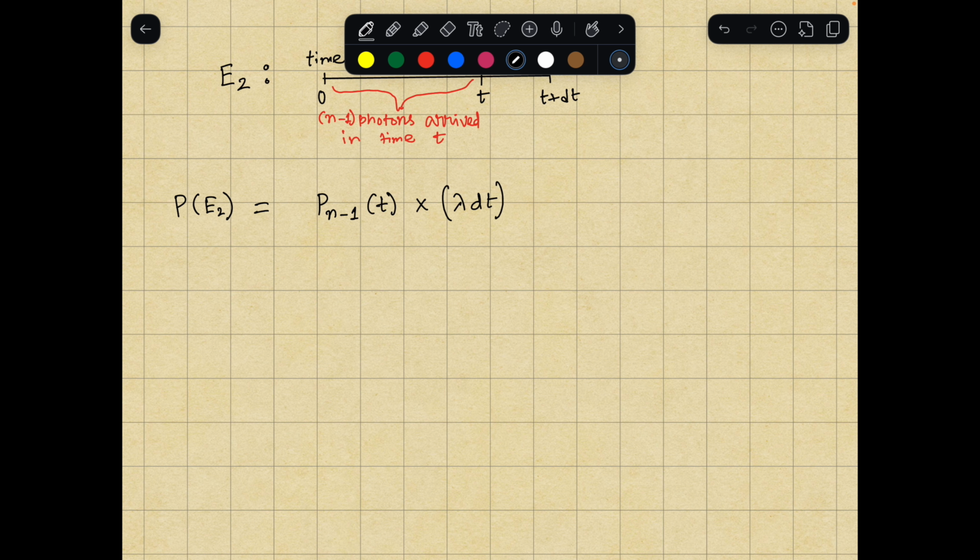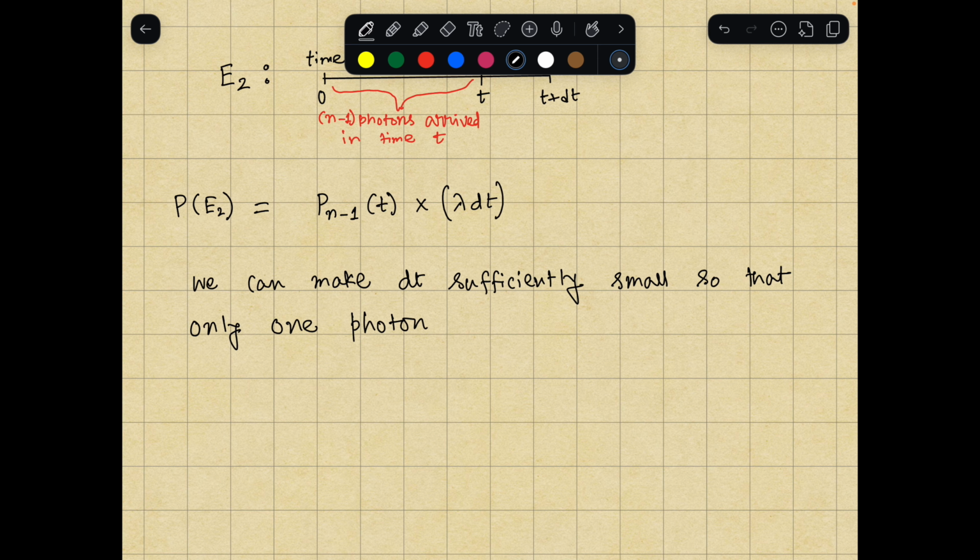Well, the answer is we can make dt sufficiently small so that only one photon can click within dt time.